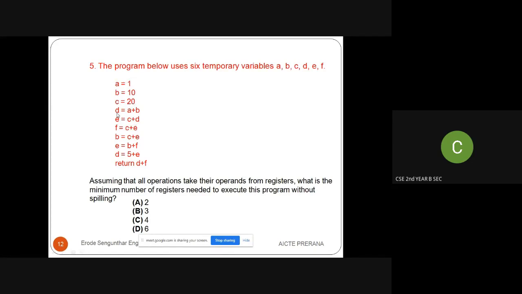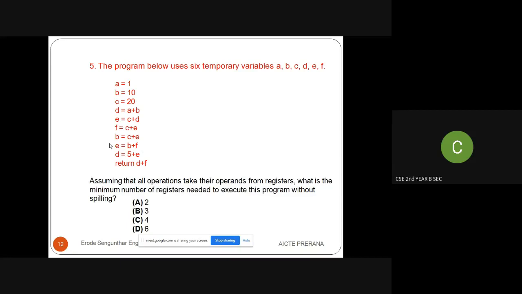Similarly D, E, F, and again B, again E, again D. These are like arbitrary variables, that is, they repeatedly update their values and save that value in the same variables only.